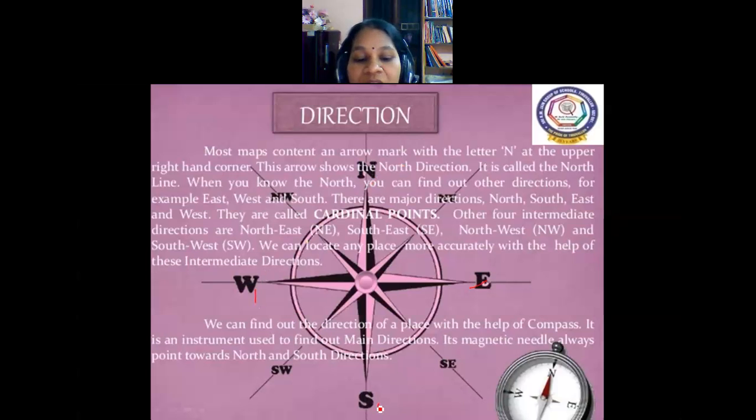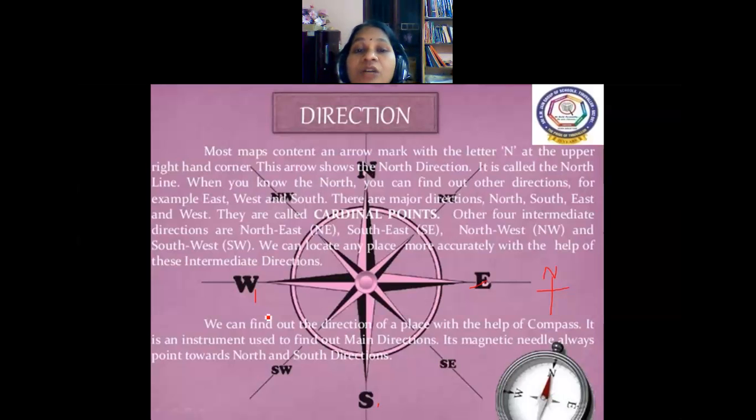Distance also involves direction. First let's see about direction. Most maps contain an arrow mark with the letter N. In the map it will be like this, at the upper right corner.